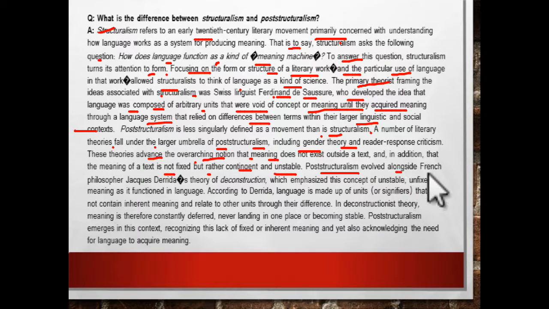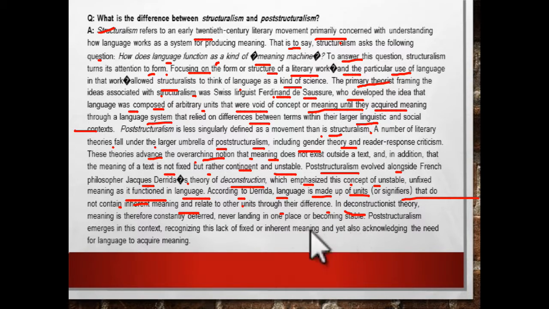Post-structuralism evolved alongside the French philosopher Jacques Derrida and his theory of deconstruction, which emphasizes the unstable, unfixed nature of meaning as it functions in language. According to Derrida, language is made of units that do not contain inherent meaning and relate to other units through their differences.